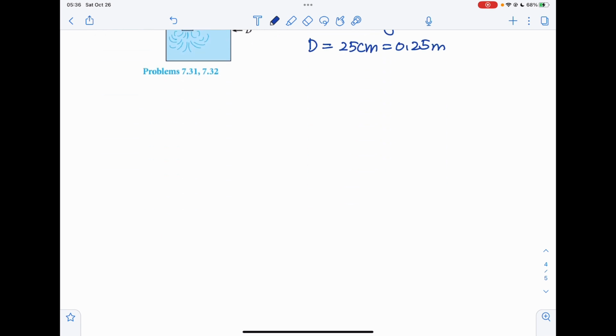PA over gamma plus VA squared over 2g plus ZA. The reason we choose those 2 points is because it is very easy to find the velocity: the pressure at the 2 points is going to be 0, and because they are the water surface, the velocity is also going to be 0.